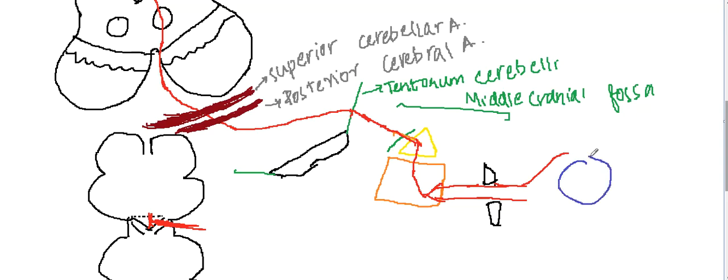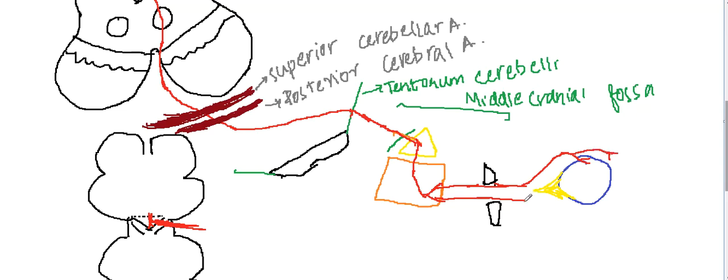Okay, this is the eyeball and this is the optic nerve. It will supply the superior rectus here, and then it passes through the superior rectus upwards and supplies levator palpebrae superioris.